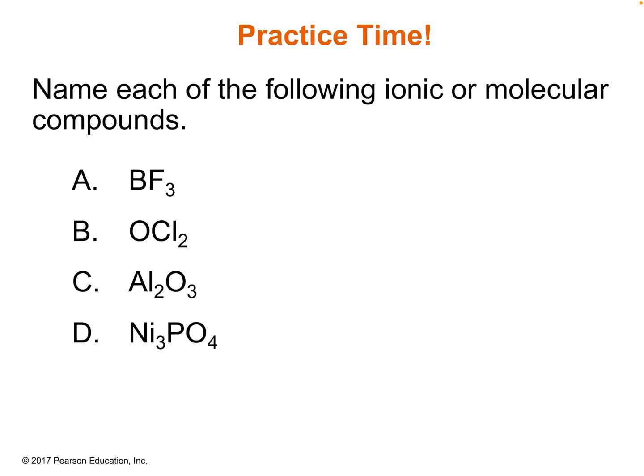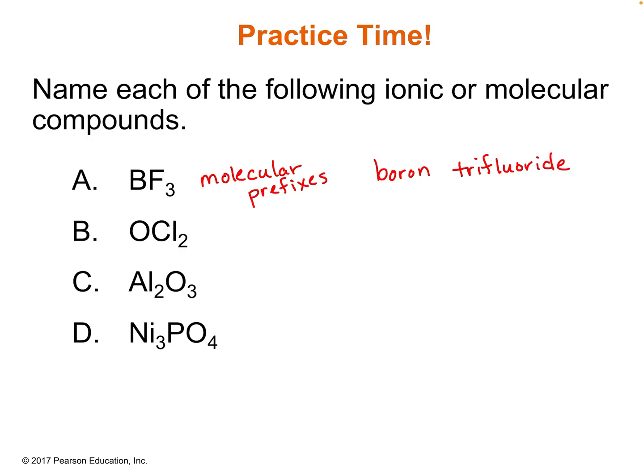So that means that this is going to be molecular, right? This is covalent bonding. And so when we have molecular or covalent bonding, now we name it using prefixes. Okay, so this will be boron. And then, right, because there's only 1 of the first element, we don't include mono. And this will be trifluoride to show us that there are 3 fluorines.